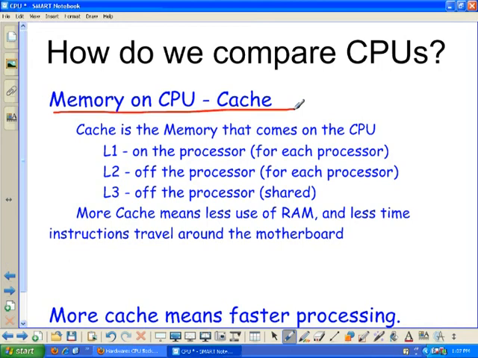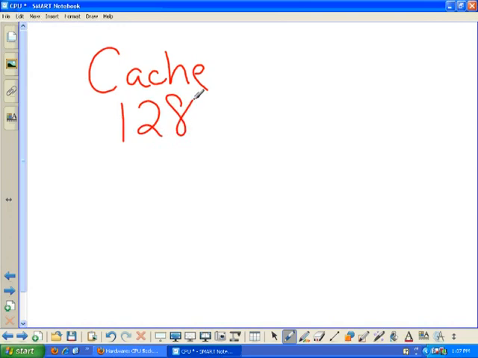Okay, here's the difference. The Celeron processor has 128K of cache. I'm going to put my pen down. Okay, so I'm going to write down all the zeros so we know. So this one has 128,000. That's how much cache this one has. I'm going to go back, I promise.